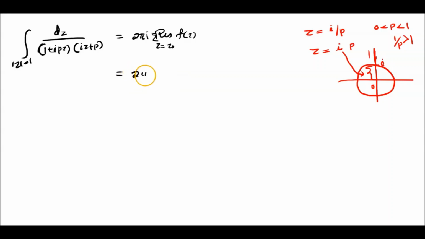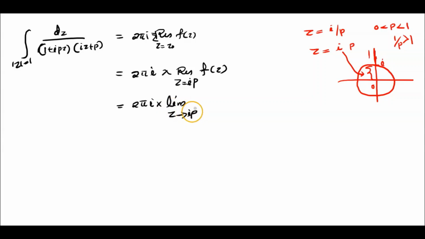That means this integral is equal to 2 pi i into the residue of f of z at z is equal to ip. This is our f of z. Now this is equal to 2 pi i into the residue at a simple pole. We have the formula: residue at a simple pole is the limit as z tends to the singularity ip of z minus ip into f of z.